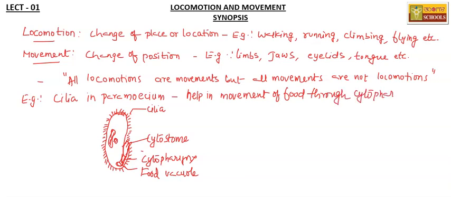That is what we have seen here. And not only do they help in the movement of food through the cytopharynx, the cilia will also help in locomotion. That's in the case of Paramecium.